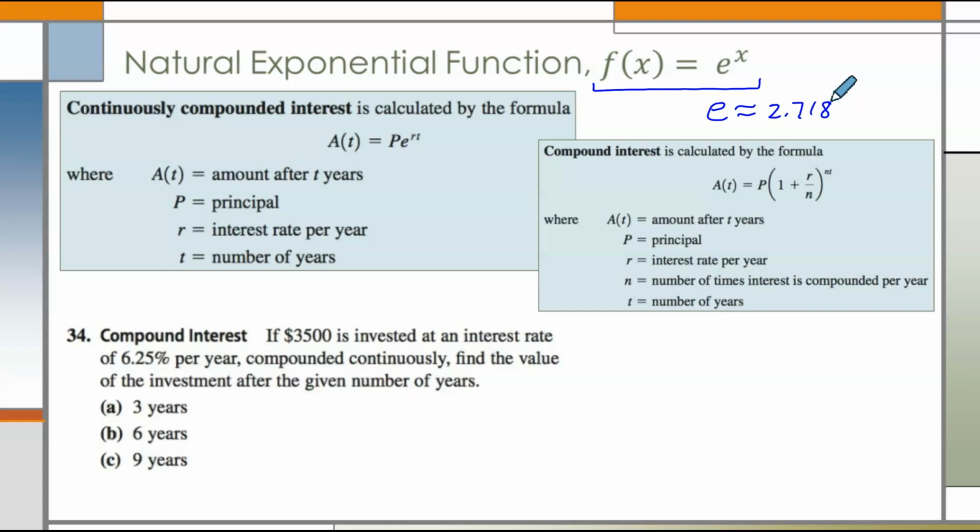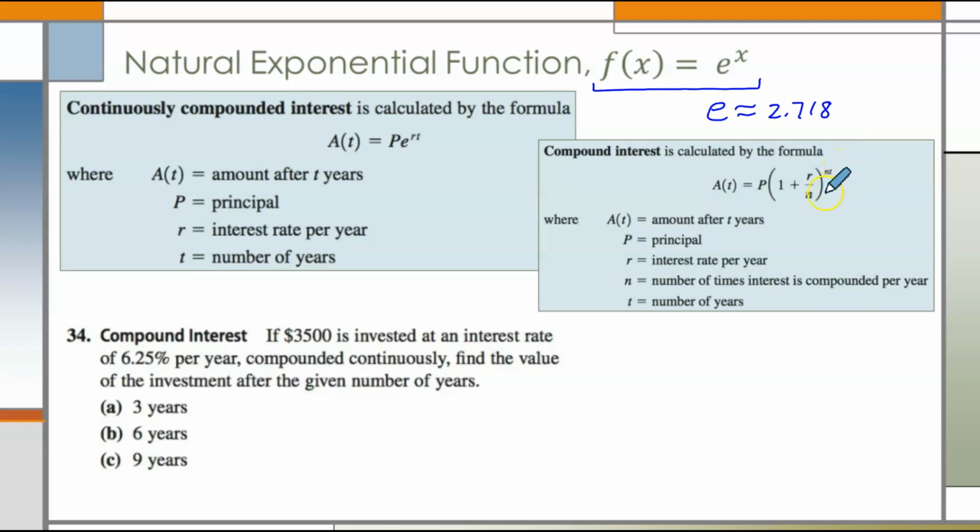In Section 4.1, we learned how to compound interest n times a year. If we were adding in interest, say quarterly, we would plug in n is equal to 4. If we were compounding interest daily, n is 365. We're adding in interest every day for however many years the problem asks for.